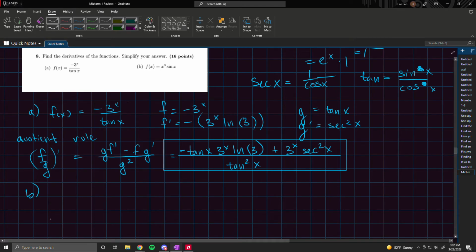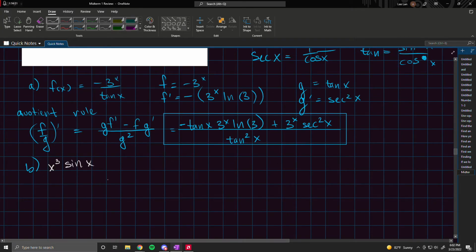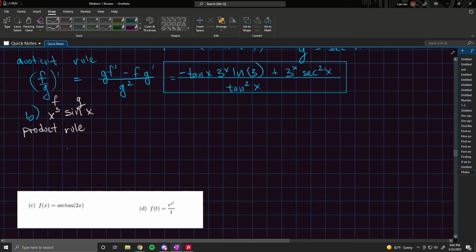So what is B? You have x cubed sine x. And so what is this? This is the product rule, where this is f and this is g. The derivative of f times g is the derivative of the first times the second left alone, plus the derivative of the second times the first left alone.